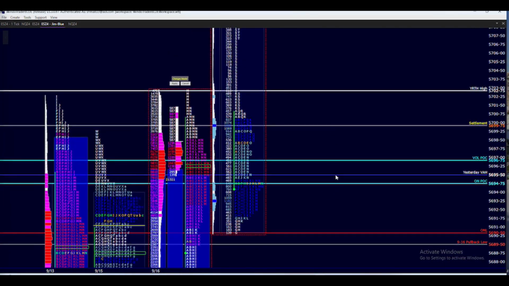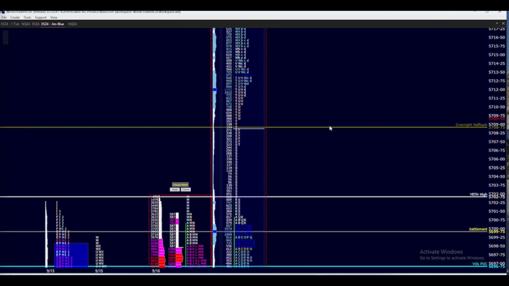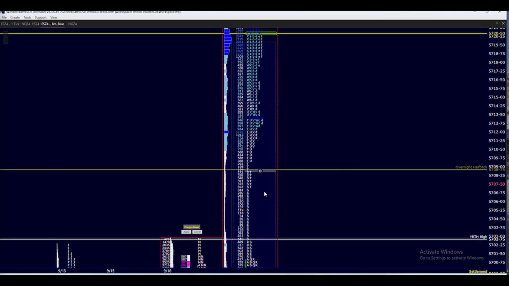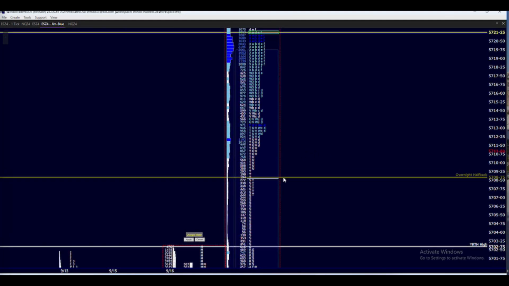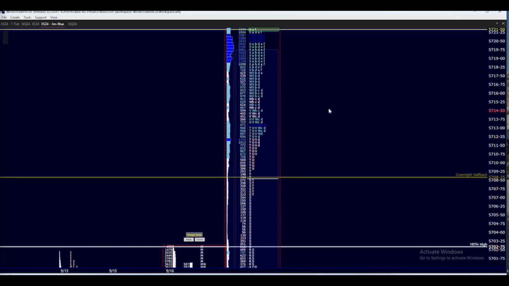If we have a gap and go scenario, meaning the bell opens and we get a little bit of a fade, but it doesn't take us back into yesterday's regular trading hour session around the 57.0275 area, then you can look to buy.